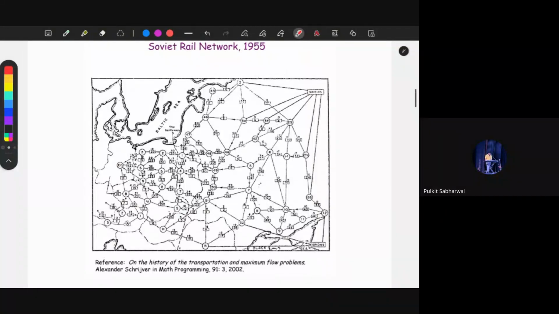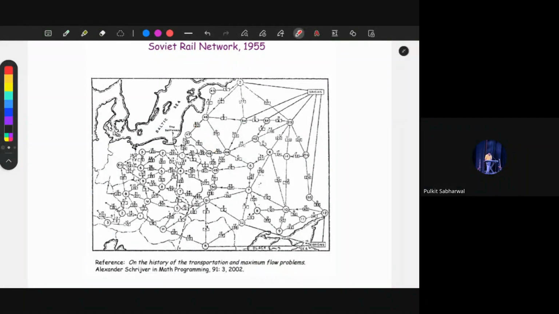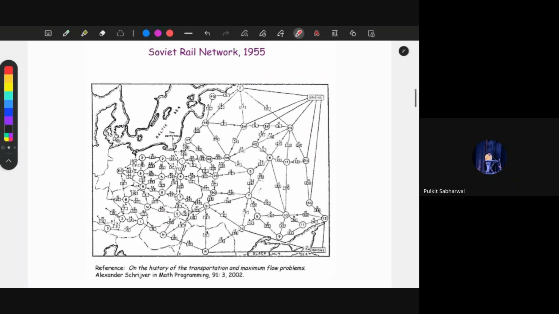So there people mainly study the maximum flow problem. There might be a rail crash somewhere if more and more trains are going there. So we want to detect if there can be any. For that, they study this kind of problem.